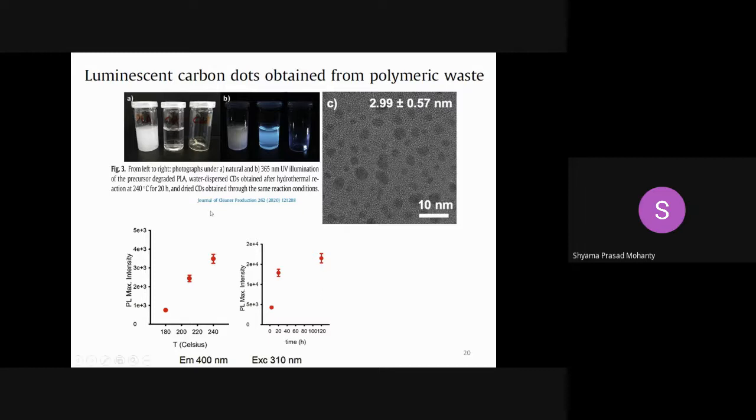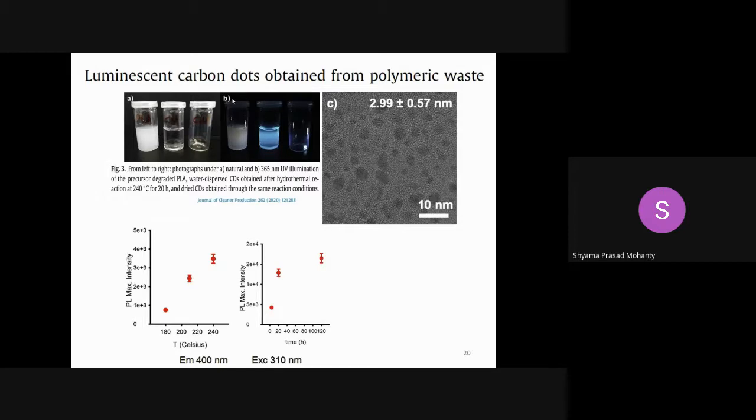So as you can observe here, this is the precursor, degraded PLA, then these are the carbon dots which have been dispersed in the solvent, and this is the dried one. Here one lump is there. This is under normal light, and when you illuminate it with UV light at 365 nanometer, you can observe this luminescent behavior.